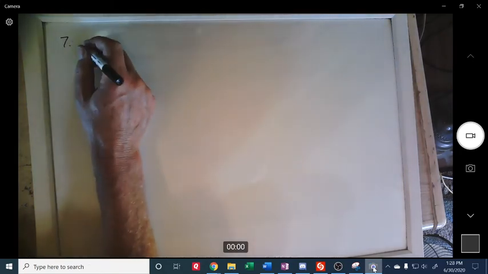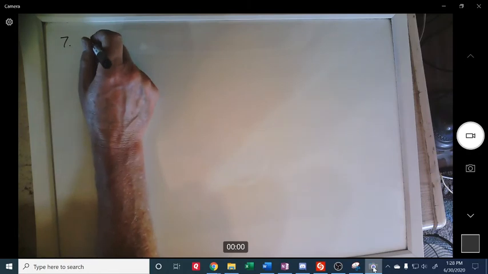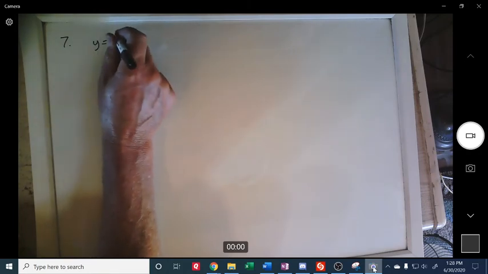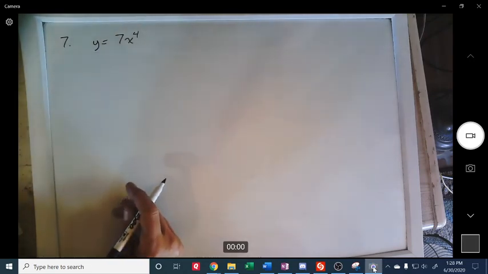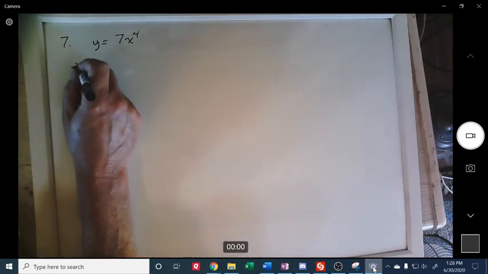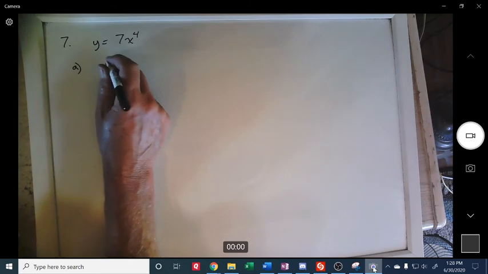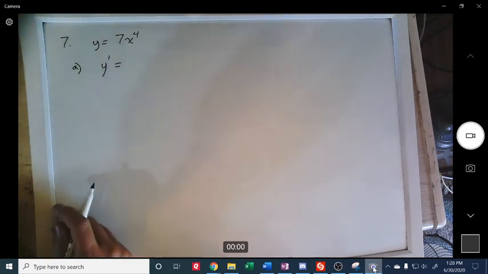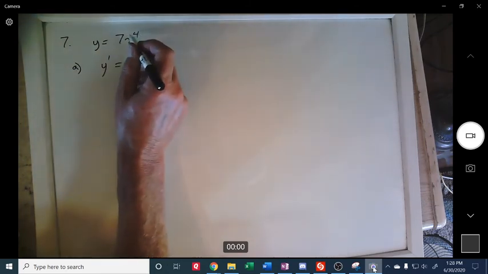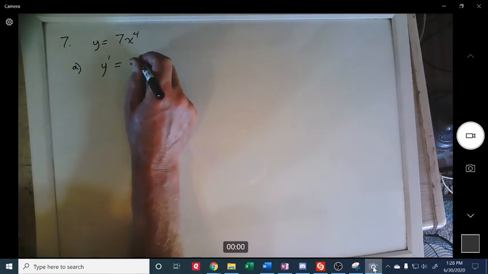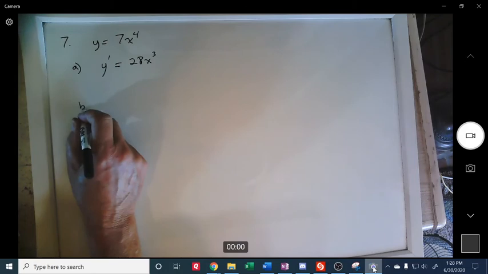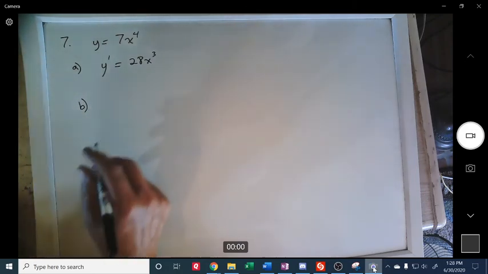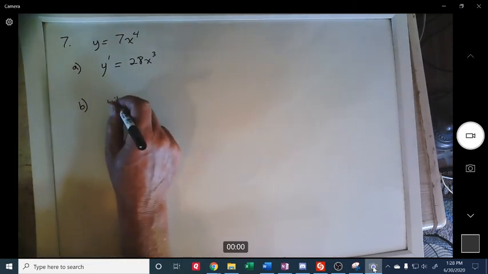All right, number 7. y equals 7x to the 4th. I'm going to do it y prime the way I've always done it so far, which is 4 times 7 is 28x cubed. B, I'm going to do it with the product rule.